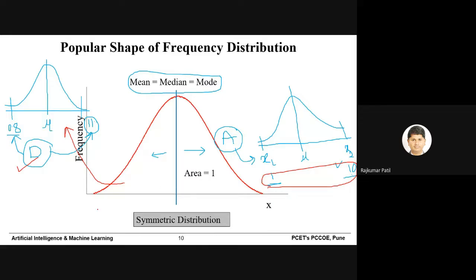Let's take another example. As per design requirement, your accuracy should be 1 as the lower limit, and the maximum limit is 10. However, the machine manufactures 0.5 and 20, right?